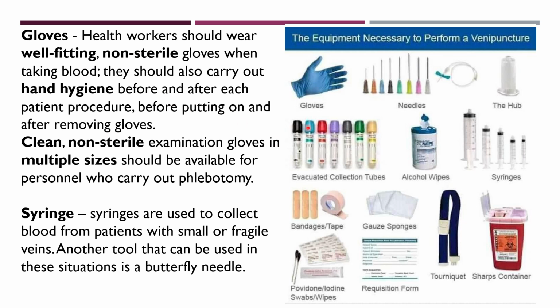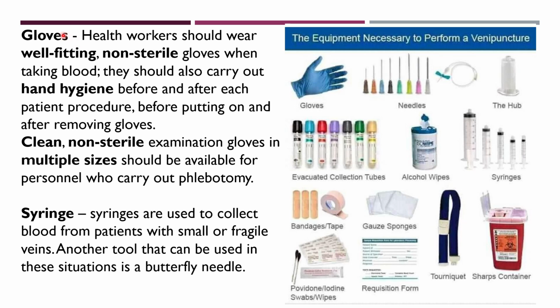So these are the materials or equipment that are necessary to perform venipuncture, or venous blood collection. First and foremost required material is gloves, because in some cases we don't know what the person is suffering from.